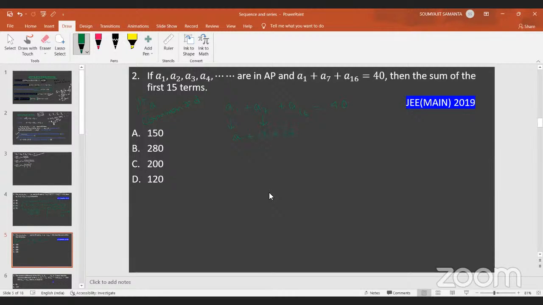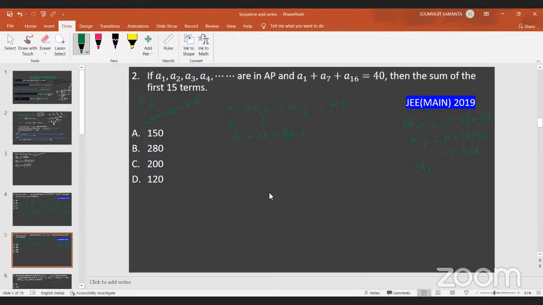Yes or no? Yes, sir. We are using the formula An equal to A plus n minus 1 into D. So what about A7? Put n equal to 7, that is 7 minus 1 into D. It will become A plus 6D. What about A16? Put n equal to 16.